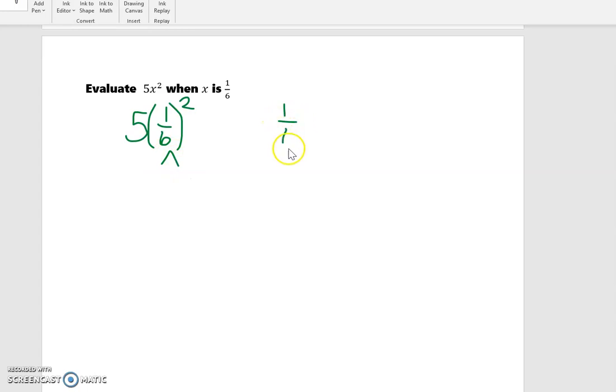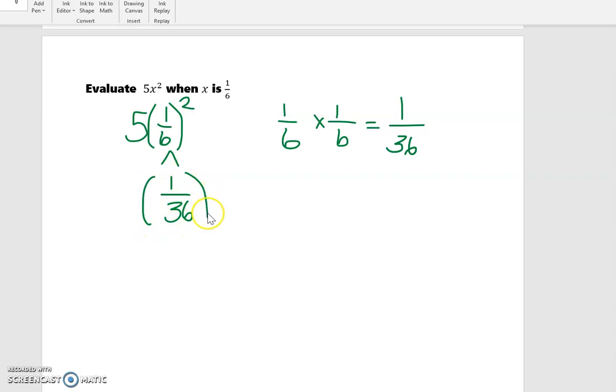If I show that step out over here, that's 1/6 times 1/6, which will equal 1/36. And then once I've dealt with the exponent, now I can deal with my coefficient. 5, the coefficient here, will multiply this fraction.